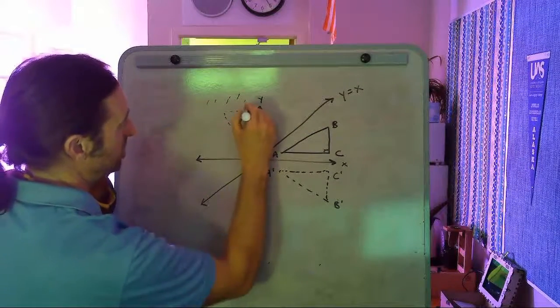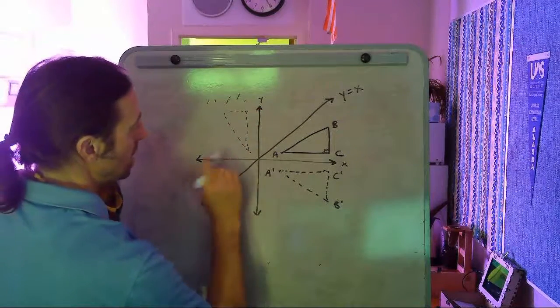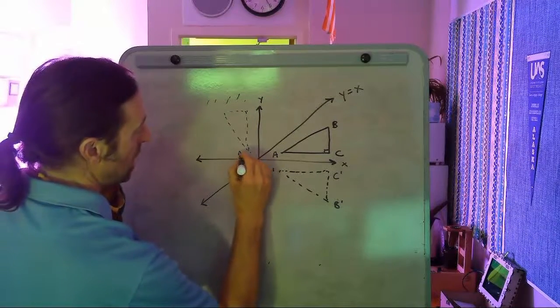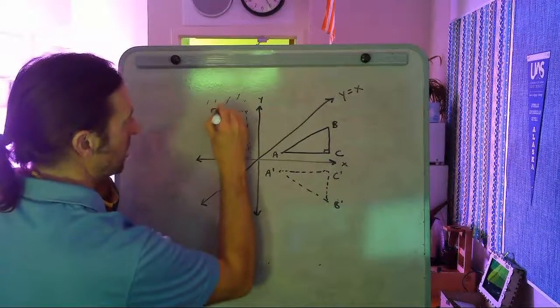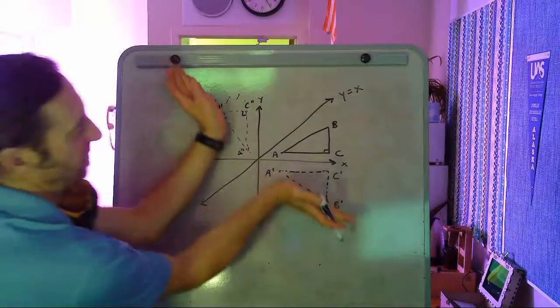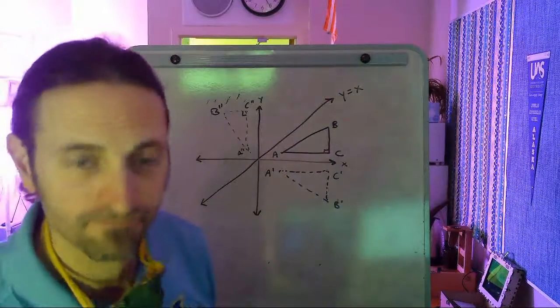This is going to be maybe tilted a little more. A double prime, B double prime, C double prime. There's my right angle. Close enough. Basically, if I folded the paper like that.